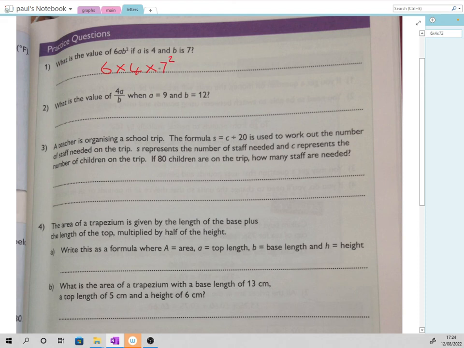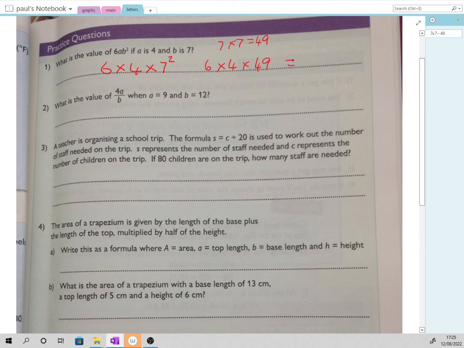Now BIDMAS tells us to do the square bits before we do all the multiplying. So 7 times 7 equals 49. So this now becomes 6 times 4 times 49.